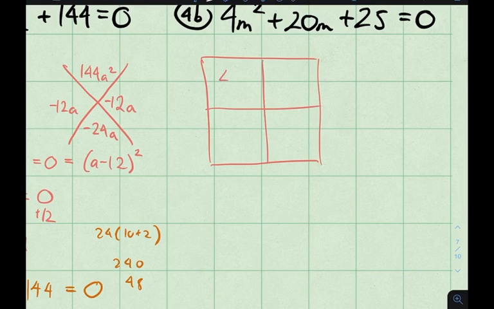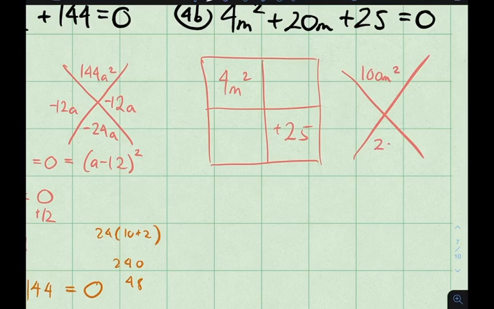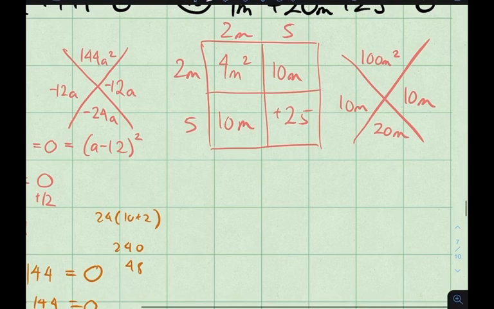Huge box and diamond. 100m squared, 20m, 10 and 10. Let's try 2 instead. 2m, 2m, 5, 5. Yep, that's it.